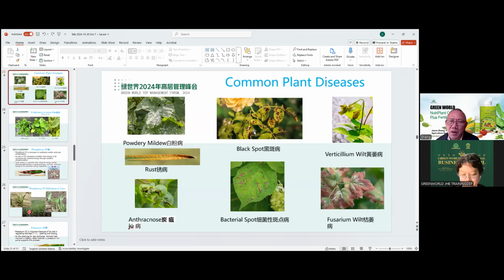So if you see spots, it may be disease, or some insects, the aphids, the thrips, the mites, can make this kind of situation too.